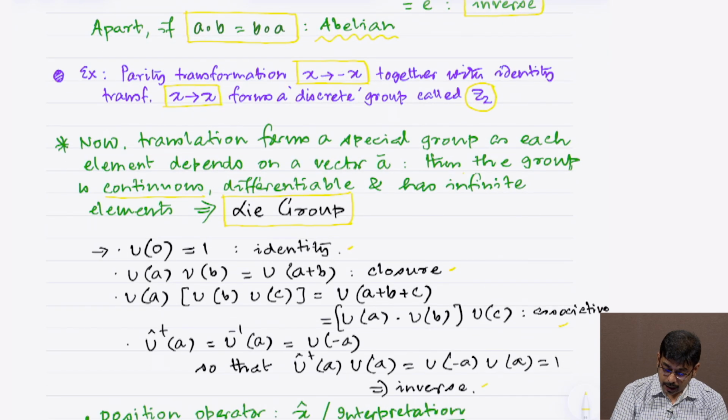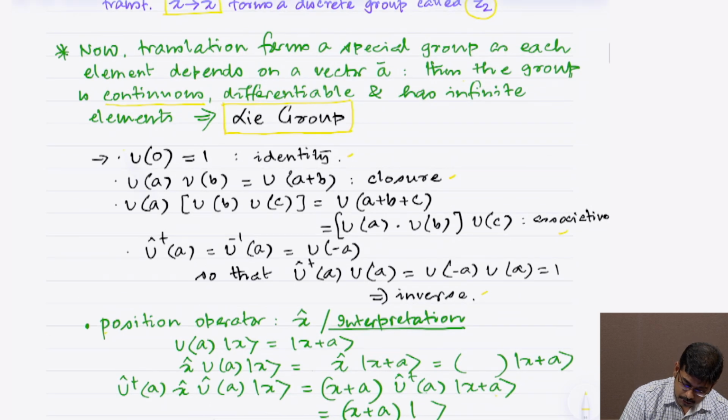And we identify the identity. I mean, U0 is called the identity, UA UB will always take you to U(A+B), which is the closure, and similarly the associative property follows, and you have the inverse.